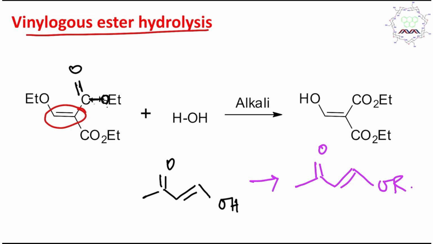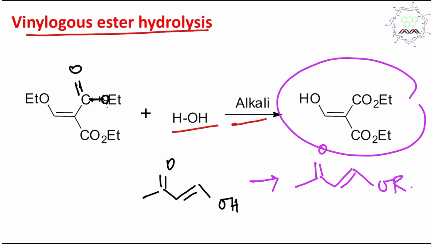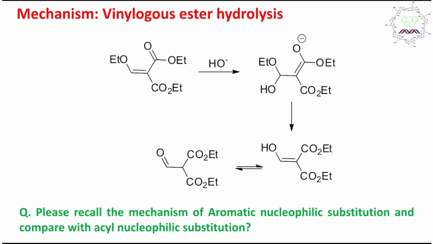So this is a vinylogous ester, and how can it undergo hydrolysis? It reacts in the presence of water and alkali, and it produces ultimately this compound, obviously first alkali, second H3O plus. How does this reaction happen? First, this OH minus is produced. Why? Because with alkali, as I told, in the medium there is OH minus which acts as a nucleophile.